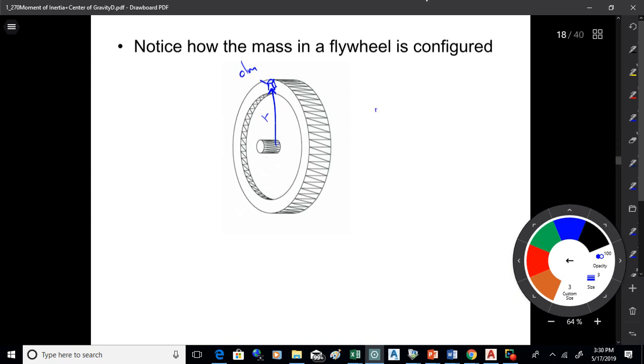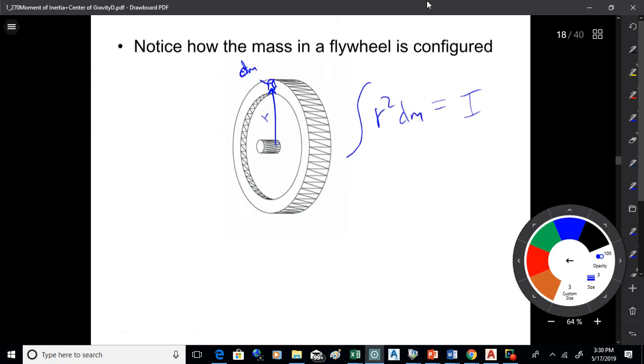So your r squared dm then, what we're doing there when we find this moment of inertia, with a flywheel and with a lot of objects in engineering, we want a high moment of inertia. So what you do is you take your mass and you set it out a long way away from the axis. Y'all with me there? Okay. And that's how that's done.